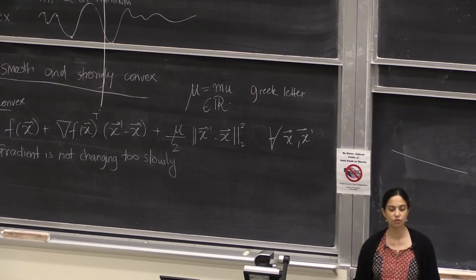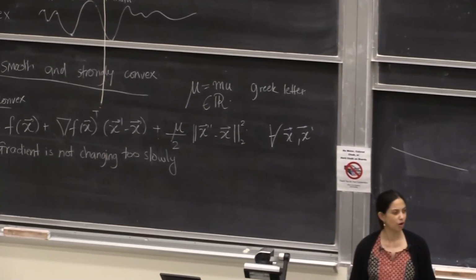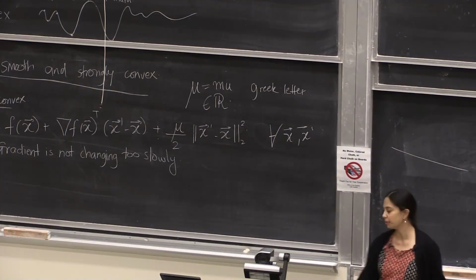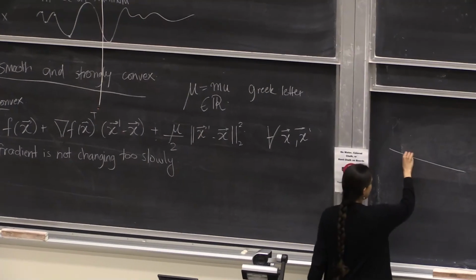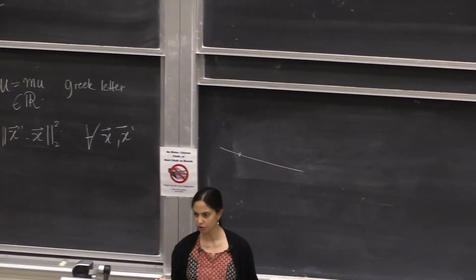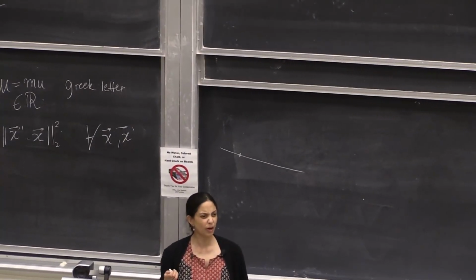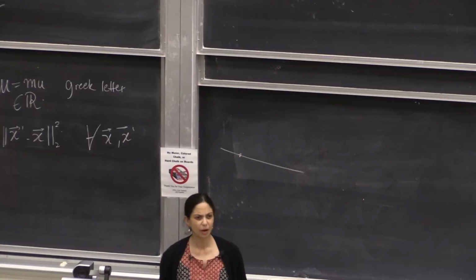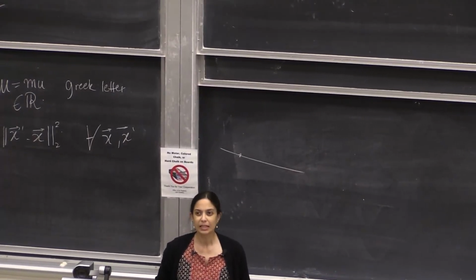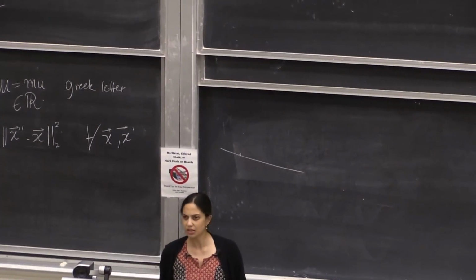By saying your gradient is not changing too slowly, I can give you some guarantee of the rate at which you will make progress. Like if your gradient descent algorithm is such that xk is here, and xk plus 1 is here, and xk plus 2 is here, and xk plus 3 is here, you're just somehow not moving very much, then maybe you'll never converge. And what we want is guarantees about when we'll converge. That's why you want to guarantee that something will happen every time you take a step. That's a good question. Does that make sense to everyone?